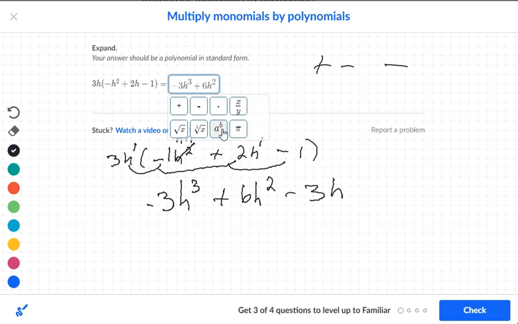Then I press the space bar, then the negative sign, the 3, and the h. So I have negative 3h to the third plus 6h to the second minus 3h. Standard form is based on the degrees or the exponents, from the highest to the lowest.